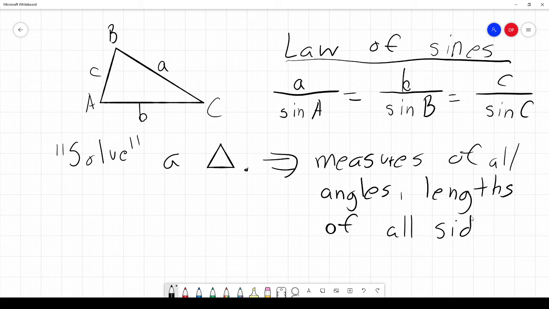You're going to be given some of that information to start with, but to solve means you're going to find the missing information. Basically, if this triangle is solved, it means you know all three side lengths and all three angle measures.